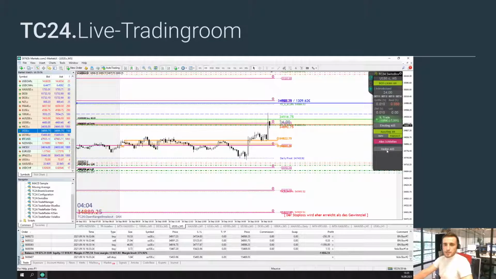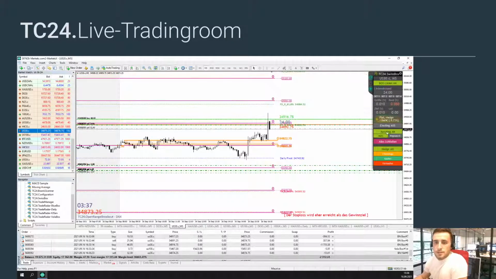Maybe we'll have to hedge that now. I hate these one-on-one settings because we're pretty much at the last trade now and it's such a big drawdown. Yeah, hedge that quick.